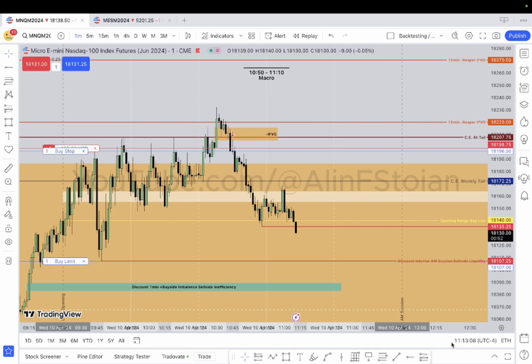I never want to see it reject right now with speed to the upside, exactly like this. I don't want to see the market do that. I want to see closures. I don't want to see a swing low being formed here.